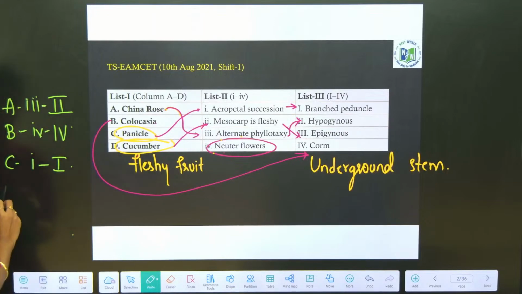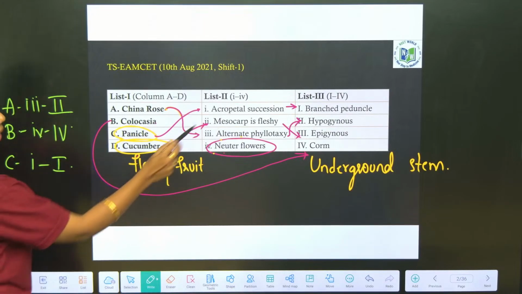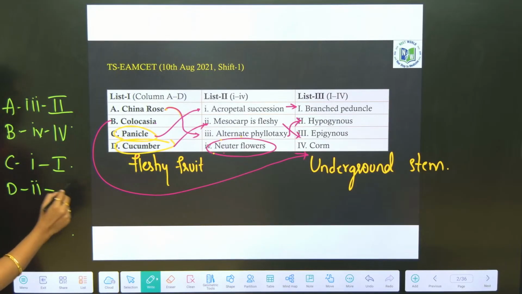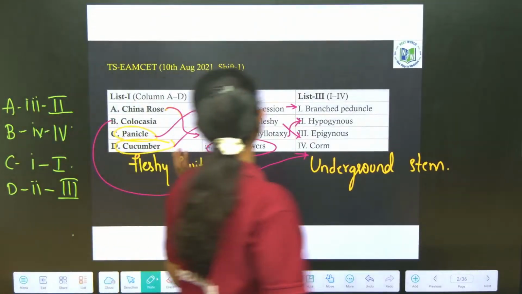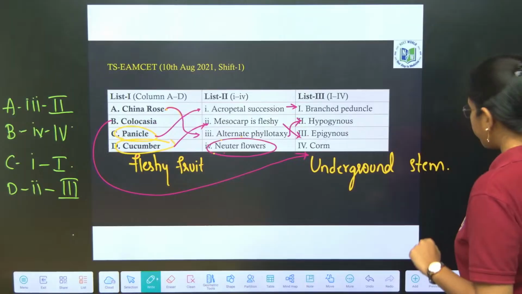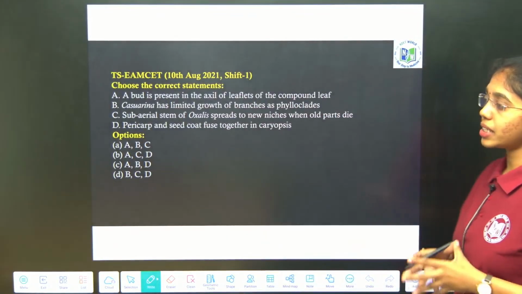And then cucumber has fleshy mesocarp and epigynous flower, where ovary is inferior. This is the correct match the following type of question. Clear? Understood?